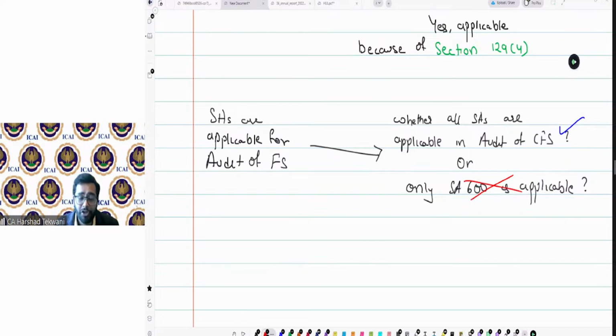It can be a joint audit of consolidated financial statement, it can also be a single audit, not a joint audit. But again, based on that, we need to decide what audit procedures are required to be performed by whom. Various adjustments and everything are required to be done and verified when I talk about consolidation, the same way I do for the standalone financial statement.